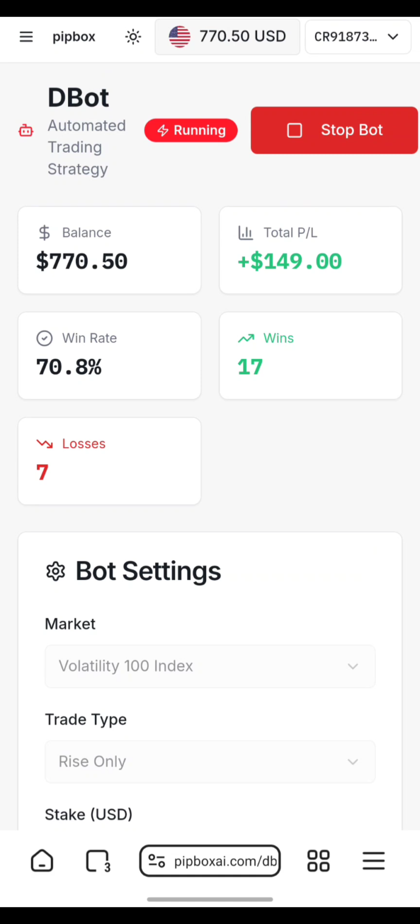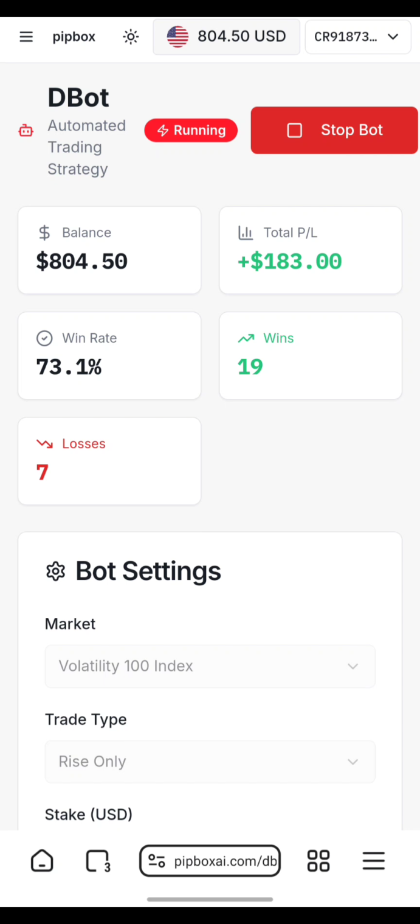So guys, this tool needs strategy. You cannot trade this tool without strategy, okay? If you don't have strategy, man, you don't have profits there. And you see, we are almost hitting our target of 1000 USD, and this is how I always trade, man.